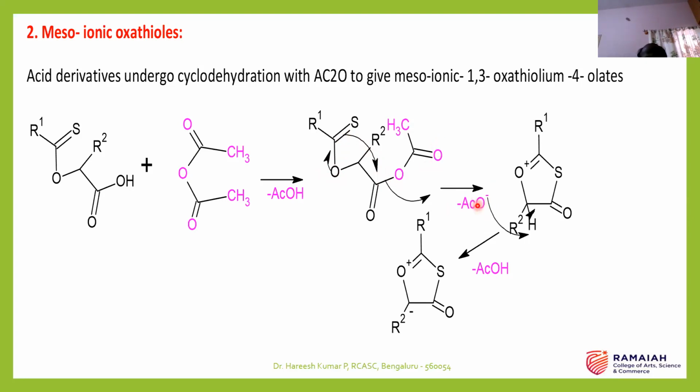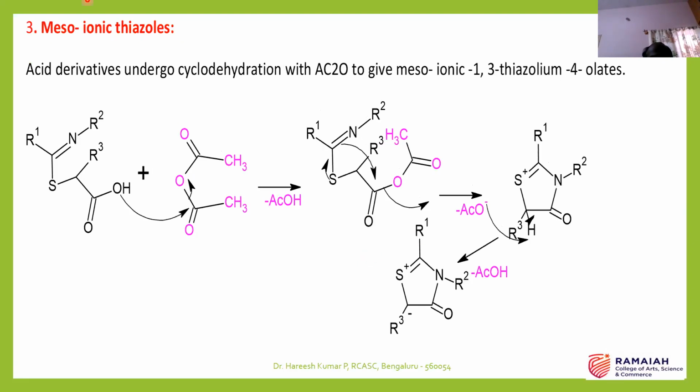So it won't go as such, it will take the proton, thereby leading to the formation of the anion. So this is how an oxathiol is obtained. Again, oxathiol is a meso-ionic heterocycle, and this belongs to type A. Okay, meso-ionic compound. So with this, I will go to the next slide.